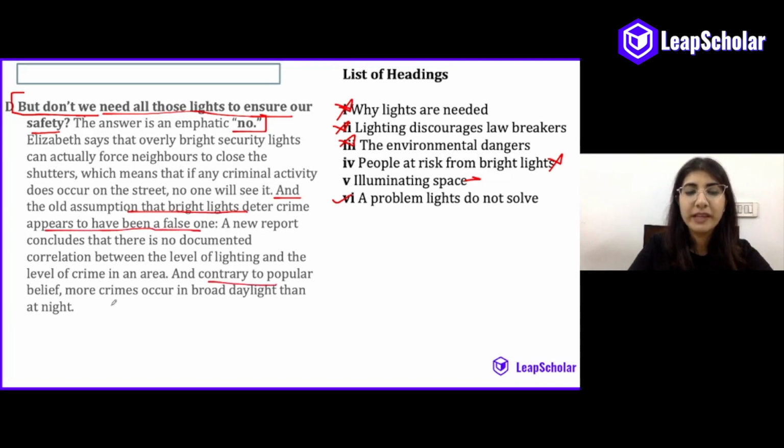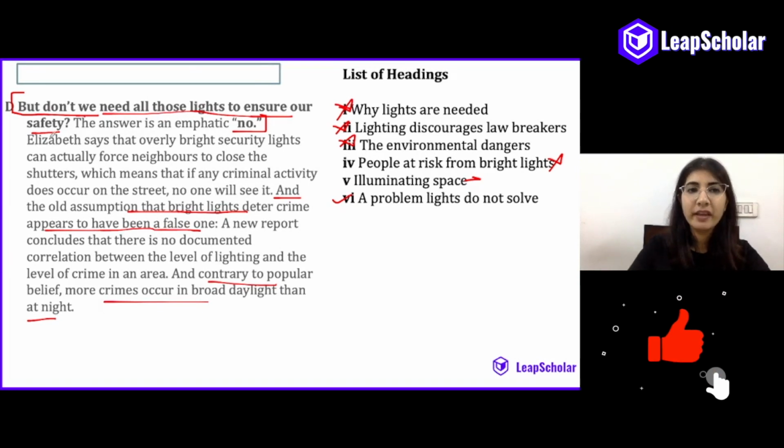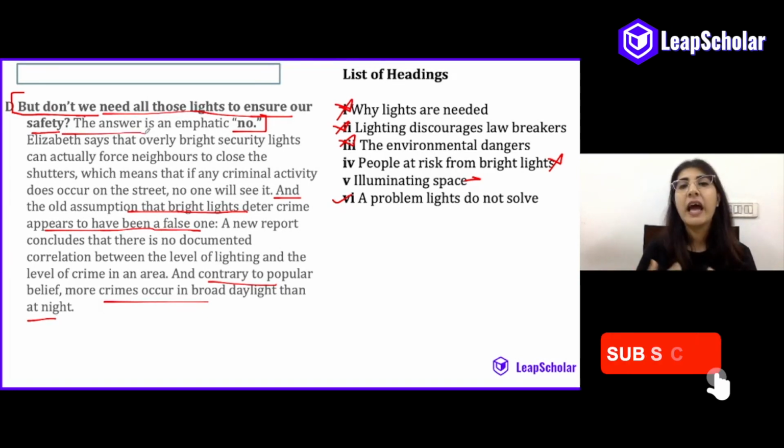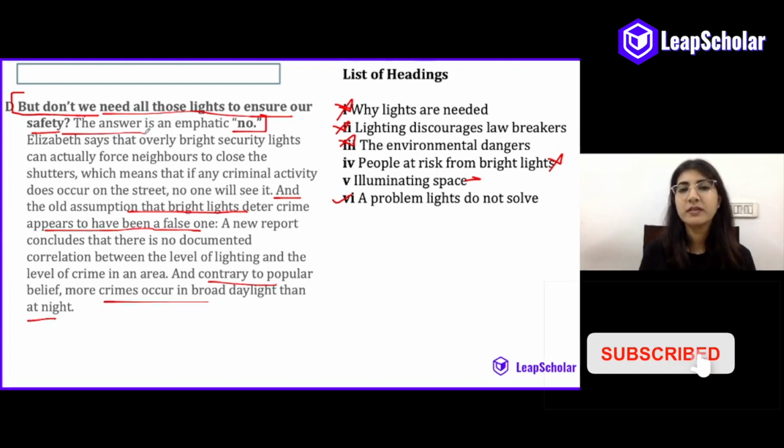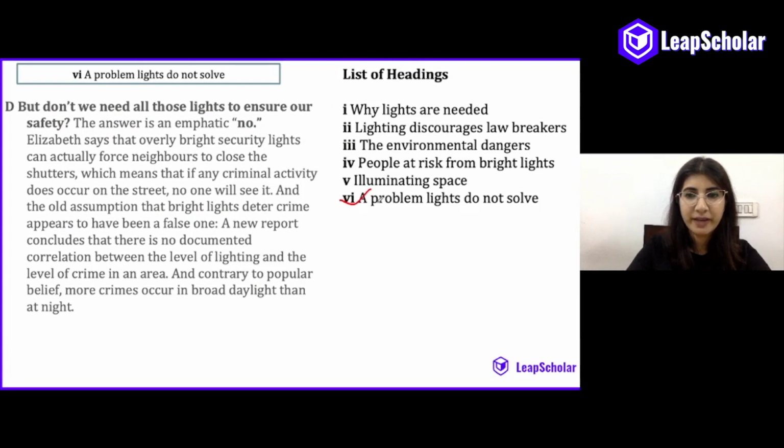Contrary to popular belief, more crimes occur in broad daylight than at night, which means that crime is a problem that lights do not solve. So yes, we did get the hint from the first two sentences. However, for verifying the answer, we had to read the entire paragraph. So this brings me to the point that this is the correct answer for this paragraph, and I shall strike through this one.